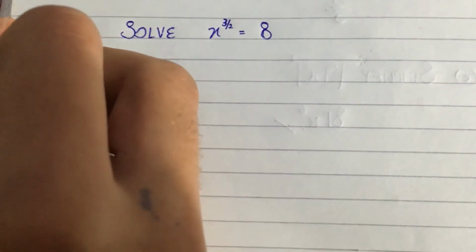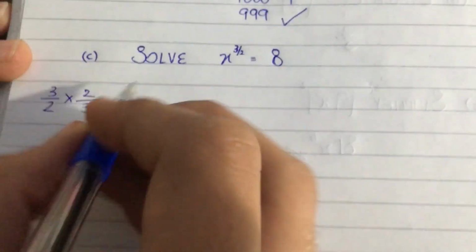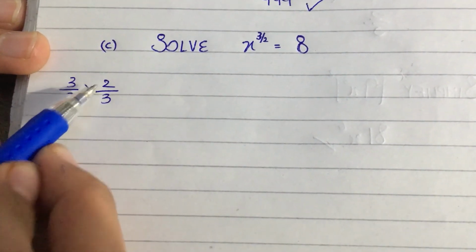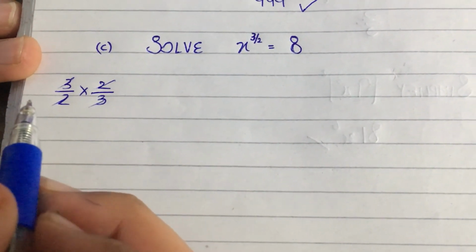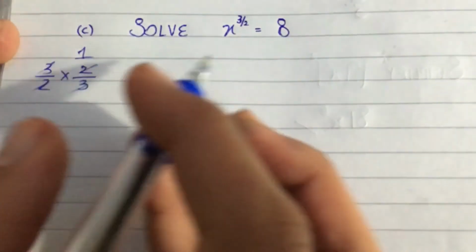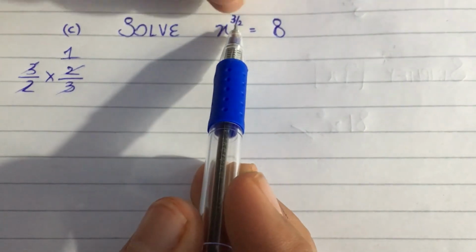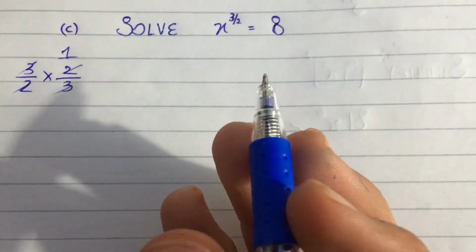Let me just write this over here to make it simpler. When you multiply 2 over 3, it cancels both of the numbers in the numerators and denominators, which leaves us with 1. But we can't only multiply the power over here, we need to multiply it over here as well, because that's how equations work.